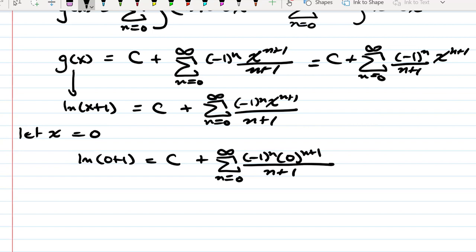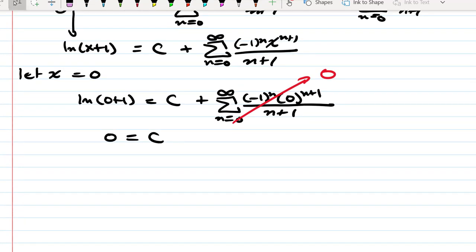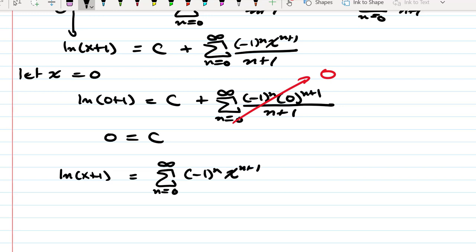Well, every single one of them has a 0 in it, so it's going to be multiplied by 0. So now that adds up to 0. And the natural logarithm of 1 is 0, so 0 is equal to c. So that means our constant of integration is 0. So the natural logarithm of x plus 1 is equal to the sum as n goes from 0 to infinity of negative 1 to the n, x to the n plus 1 all over n plus 1.